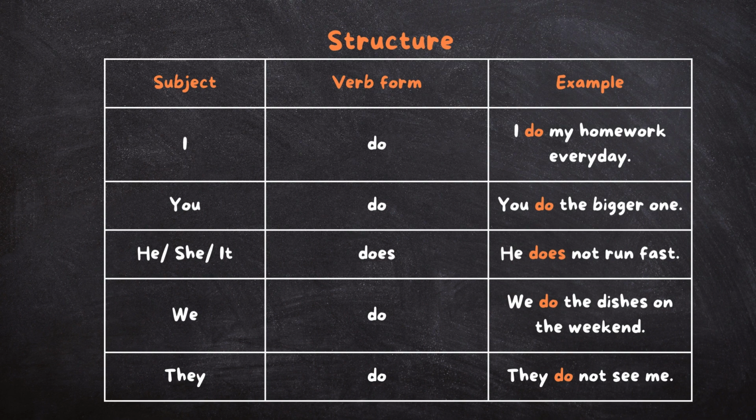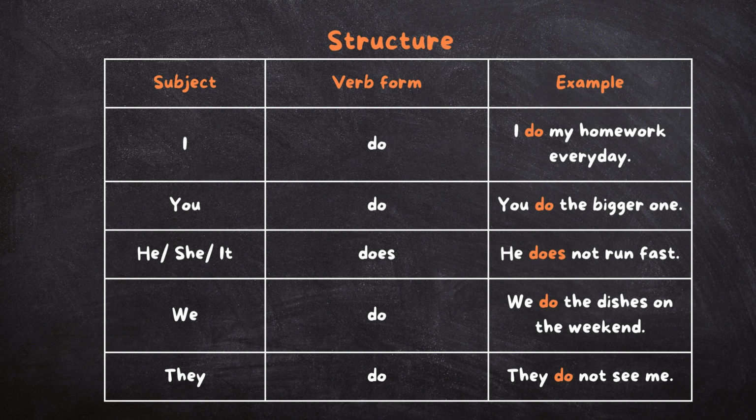Now, as I always say, the tip here is for the plural subjects, that is you, we, and they, we use the verb form do. And then for the singular subject, he, she, and it, we use does. So we add an es to do. We add an es to the base form of the verb to do to give us the verb form for the subjects he, she, and it, which are singular subject.